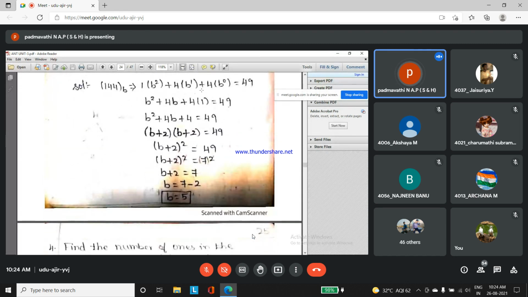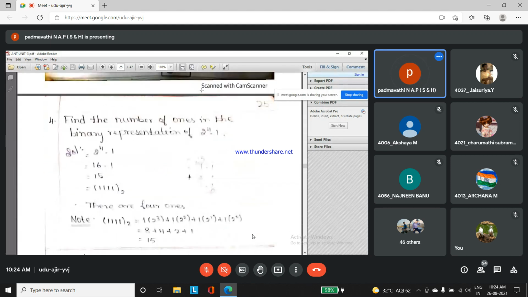Solve two more questions. The next question: find the number of ones in the binary representation of 2 power 4 minus 1. So the solution: first simplify the number. 2 power 4 is equal to 16, minus 1 is 15.